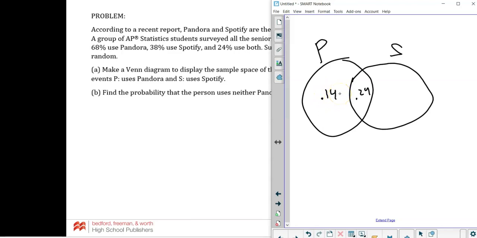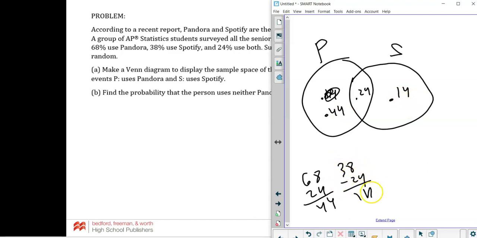Pandora is 68 minus 24, which is 0.44. And again, to get the 14, we did 38 minus 24. And so now we have the correct numbers in there. Make a Venn diagram. Perfect.